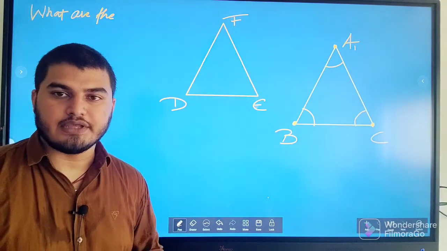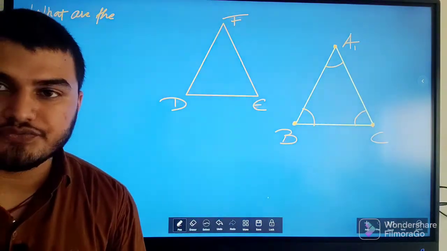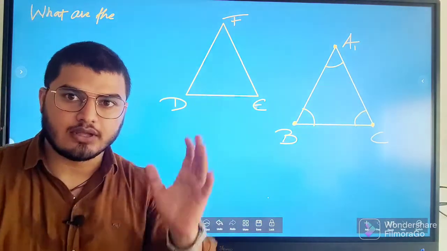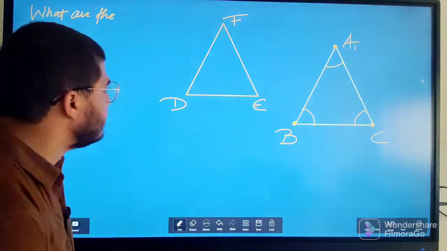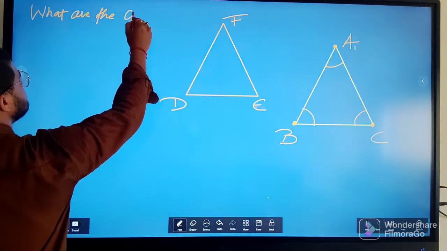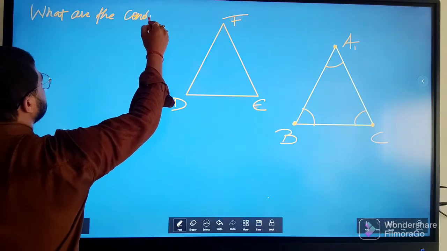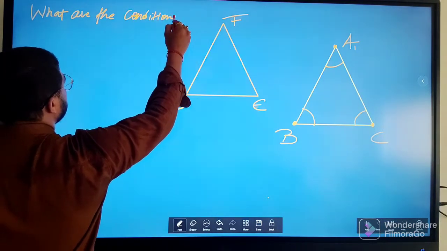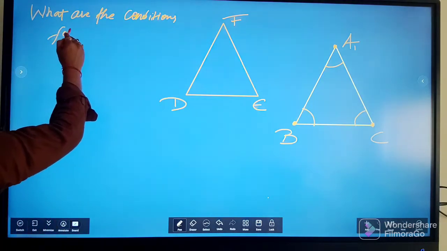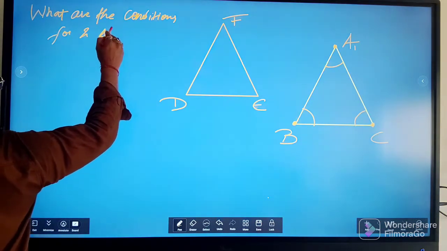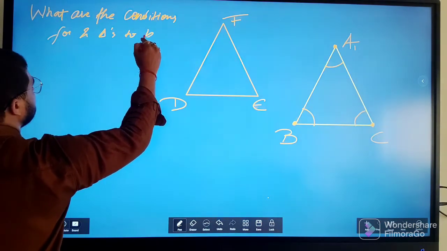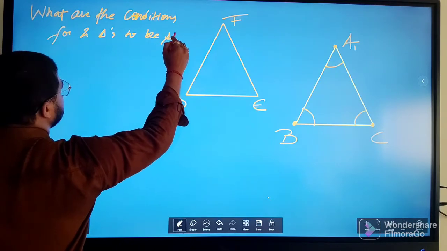So we were discussing what the conditions are for two triangles to be similar.